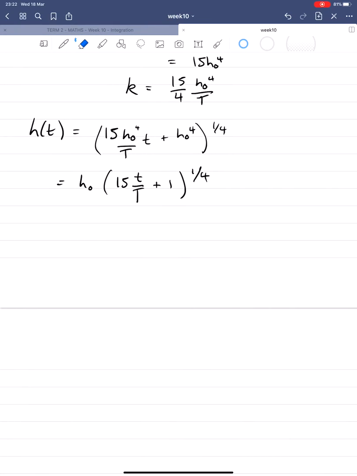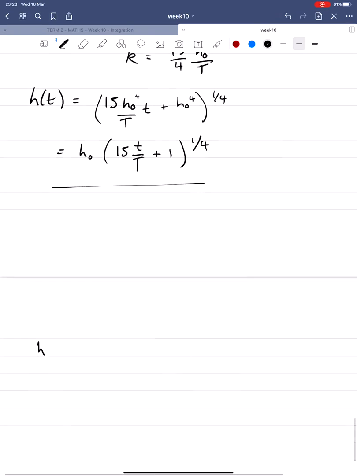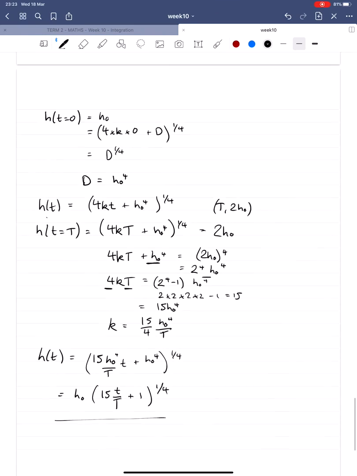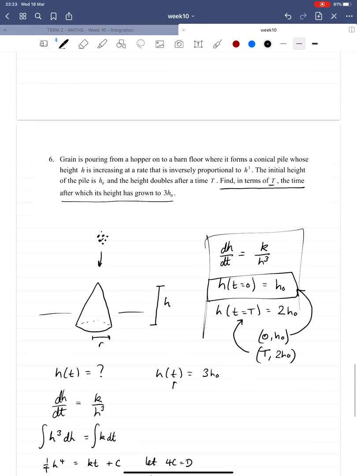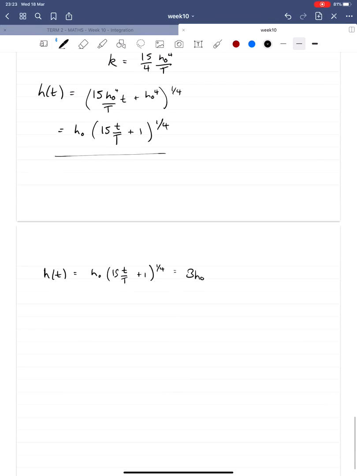We need for this whole thing, h of some t that we don't know, to be equal to 3h0. That's what it wanted. We wanted to know at what time the cone has grown to the height 3h0.